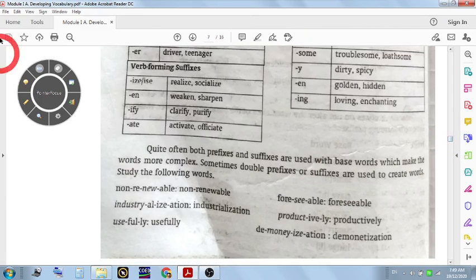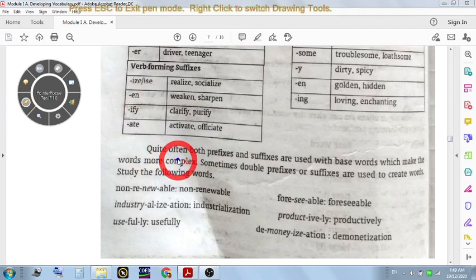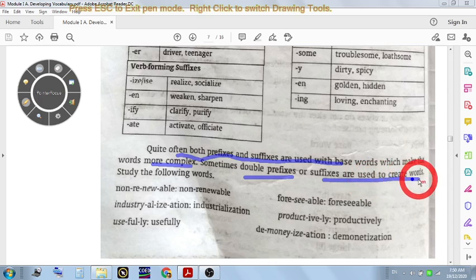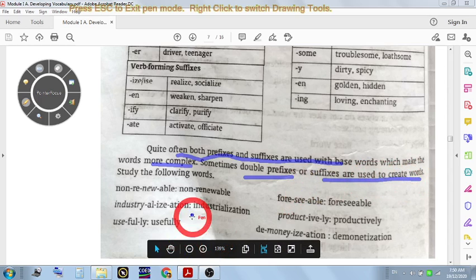Quite often both prefixes and suffixes are used with the base words, so that in effect the base word becomes more complex. Sometimes double prefixes and suffixes are used to create words, and here are certain examples. Industry, al, is, ation, these are the suffixes and it becomes industrialization.